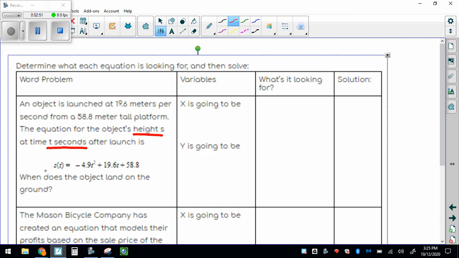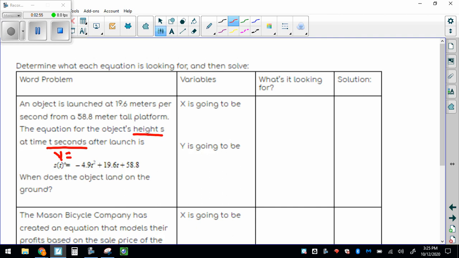And remember that I want this to be y equals, so this s of t thing, that's just y, and then negative 4.9, instead of t, I want to write it using x squared, plus 19.6, instead of a t, I want to use x, plus 58.8. All right, and then the question says, when does the object land on the ground?